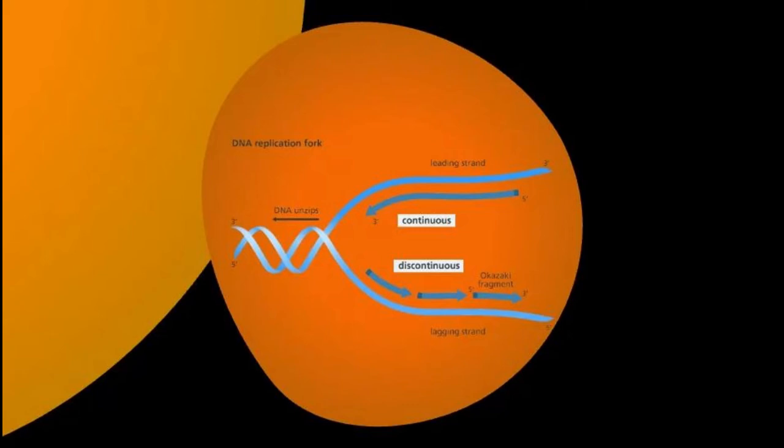However, in the lagging strand, DNA is being synthesized in the opposite direction. And as I've just mentioned, DNA polymerase can't work in that direction. So what you get is discontinuous formation of the sugar phosphate backbone. And we refer to these as the Okazaki fragments.